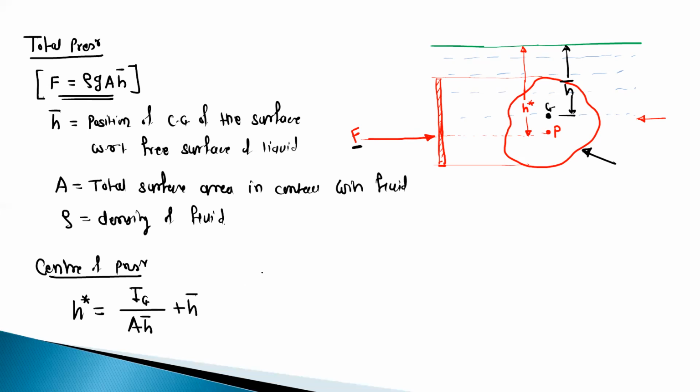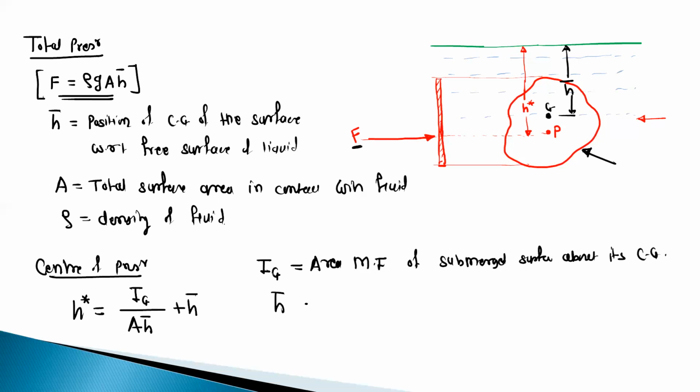Here Ig is the area moment of inertia of the submerged surface about its center of gravity, that is about its CG.